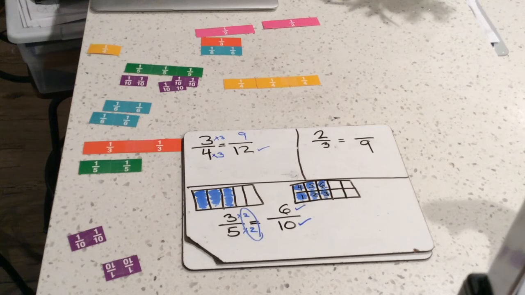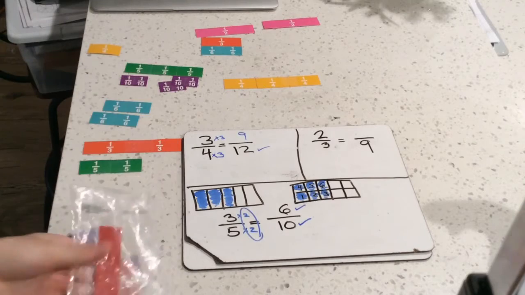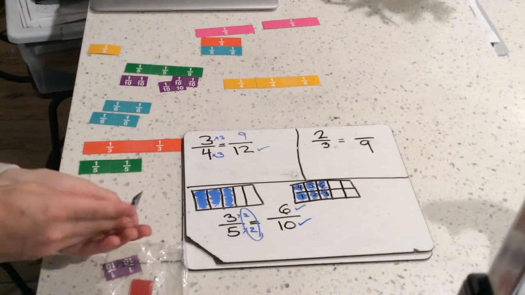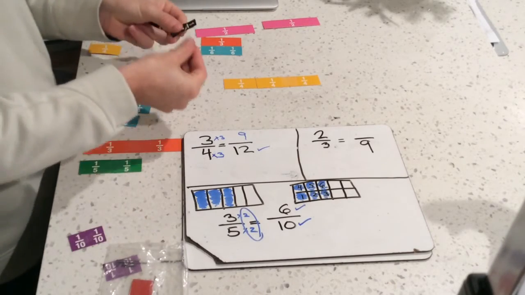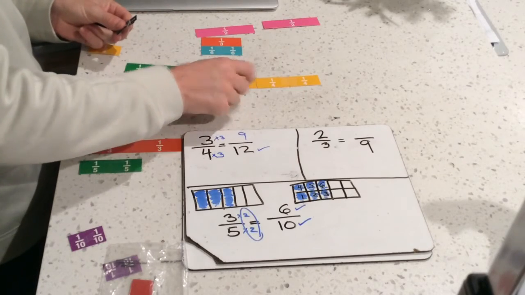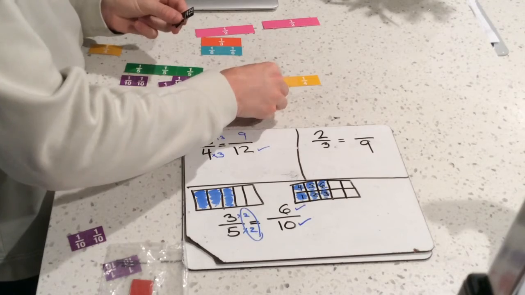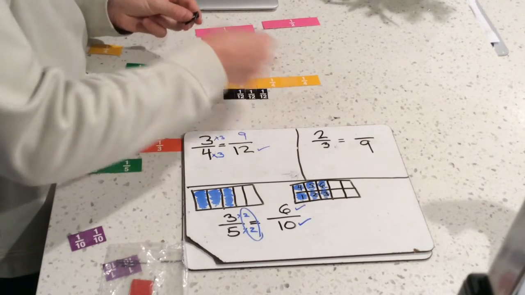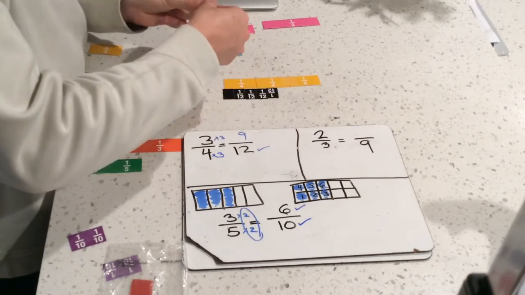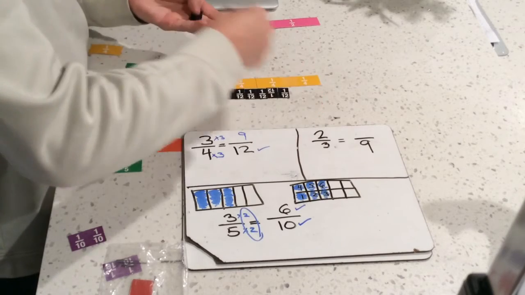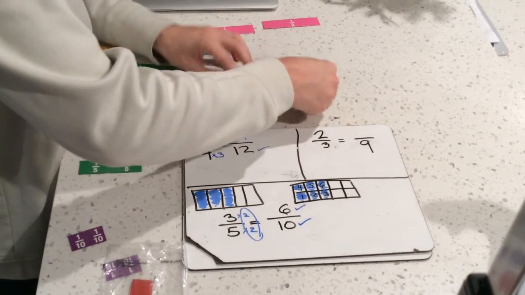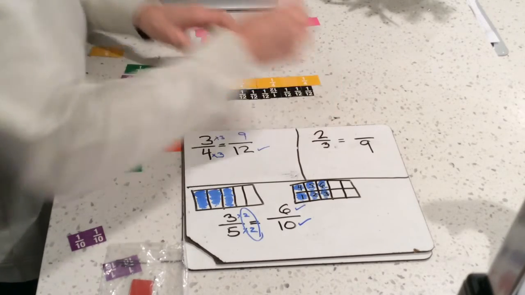Okay? And here, if I use my fraction strips, I don't have my 12ths ready. One moment here. I can start to lay these out. So that's 1, 2, 3, 4, 5, 6, 7, 8.